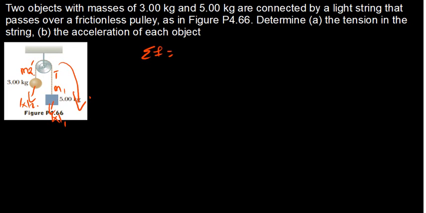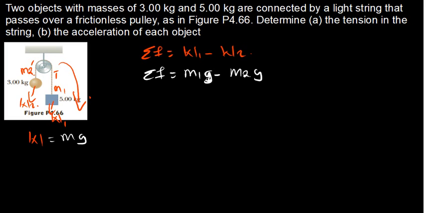It is the W1, but this W1 has to overcome W2. So we're going to say that W1 minus W2. So we know that W is just basically the weight force, which is given by the formula mg. So in here we are going to be specifying which m are we talking about. Okay, so we're going to say that the summation of all the forces is going to be equal to m1 times g minus m2 times g.